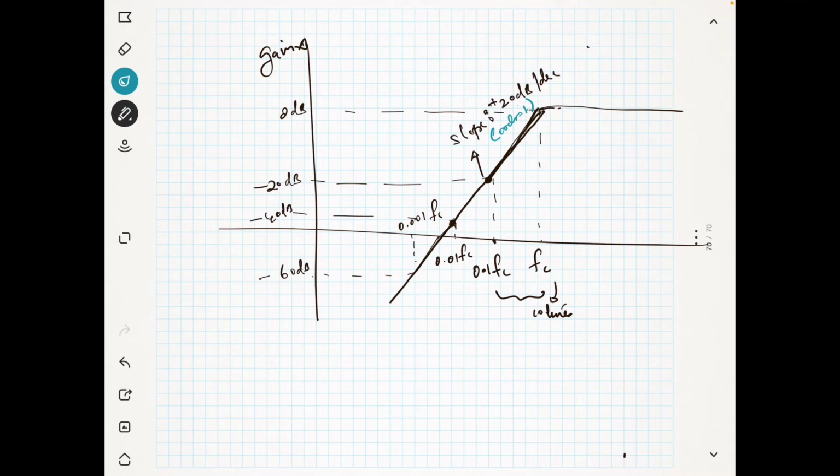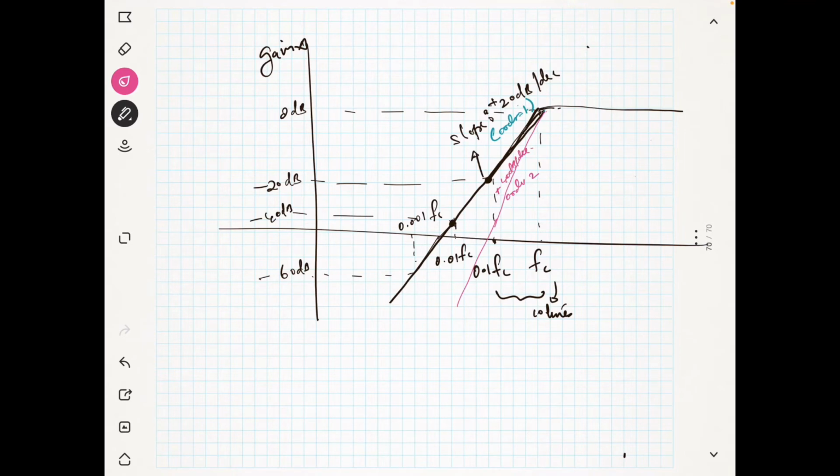Now if the order is 2, you will be getting a response like this. This is order 2. That means plus 40 dB per decade.